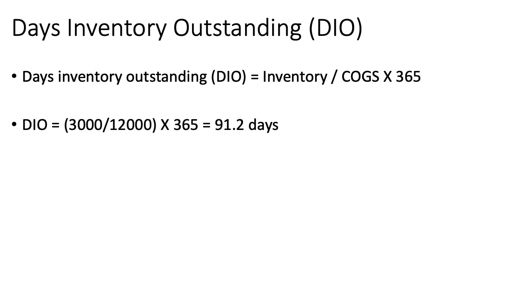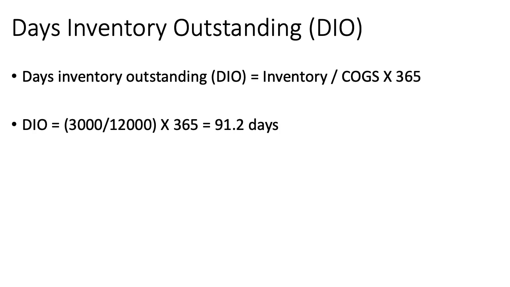So cash conversion cycle for a company is the time it takes the company to convert its inventory into sales plus the time it takes the company to convert sales into actual cash inflow minus the credit period it receives from the supplier.